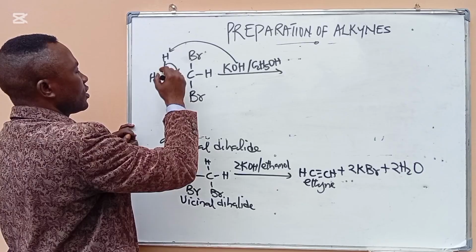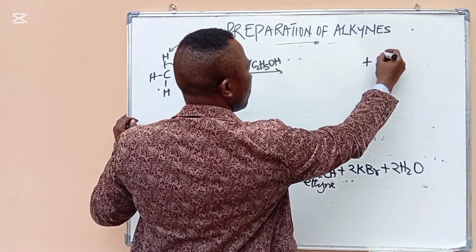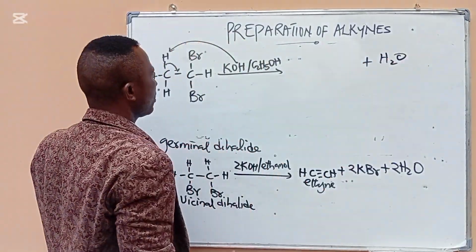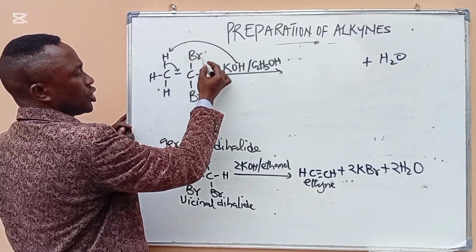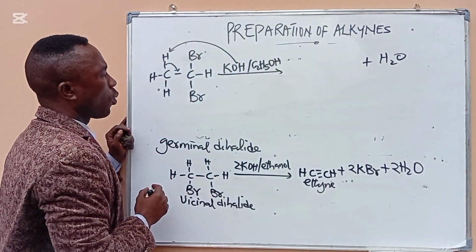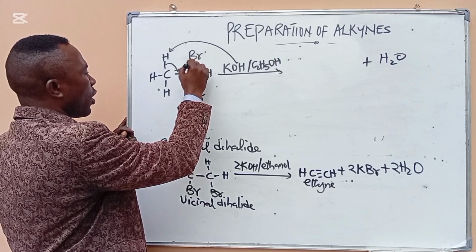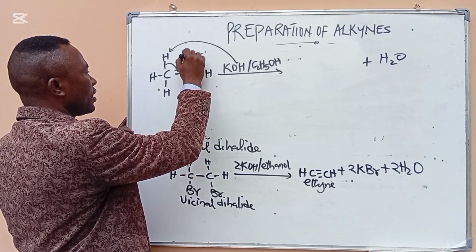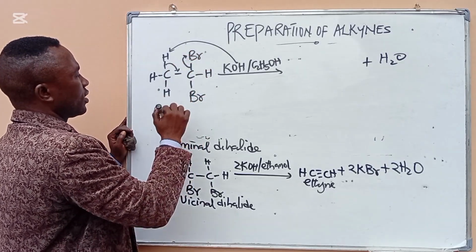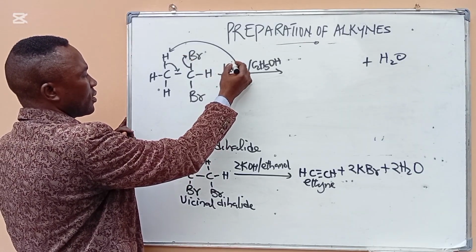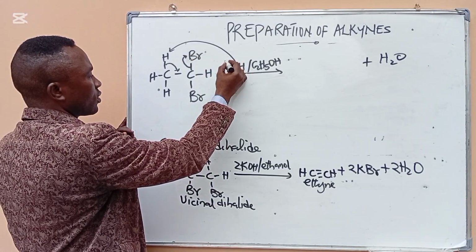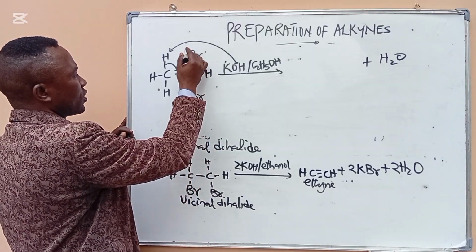OH picks this hydrogen to give you H2O. The bond here, which is bromine, leaves. That bond that leaves picks K. This is minus, this is plus.